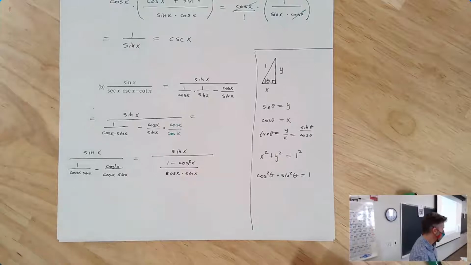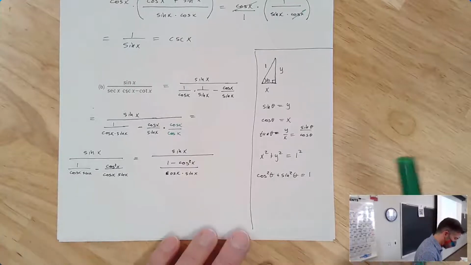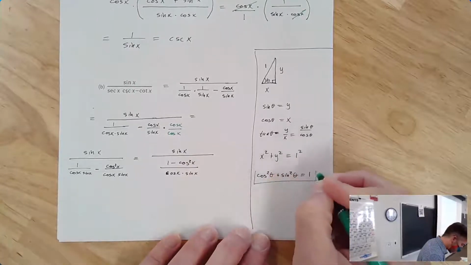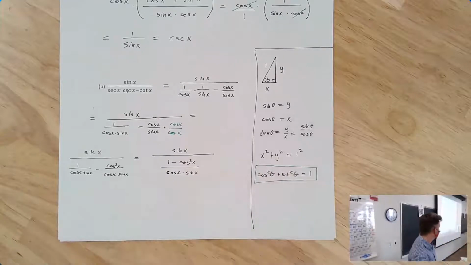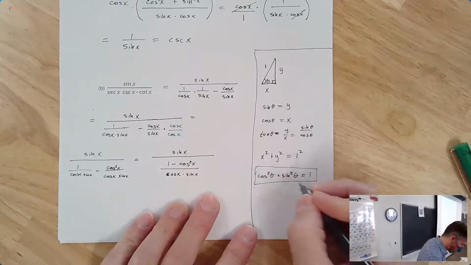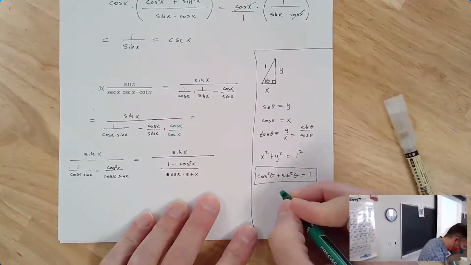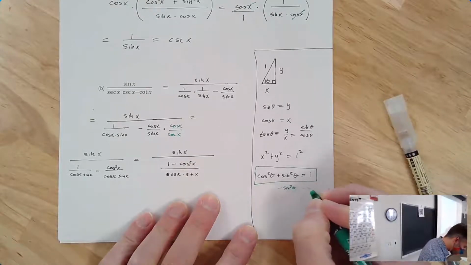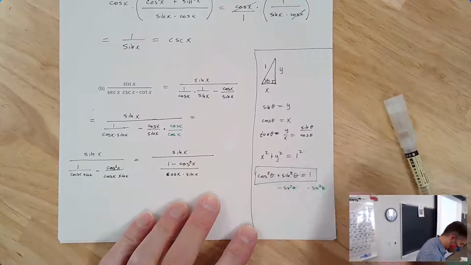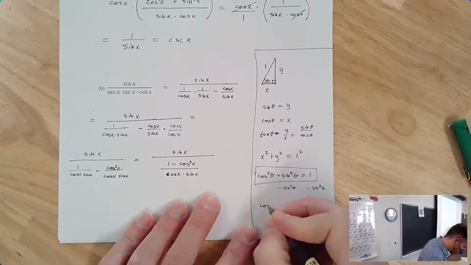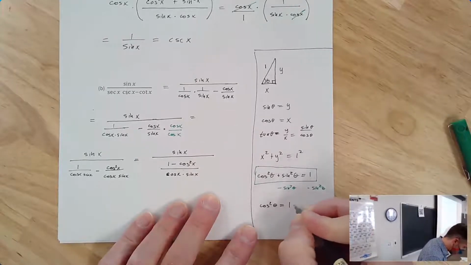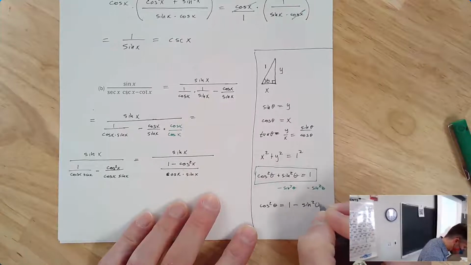So now, what's 1 minus cosine squared of x equal to? Well, we're going to go back to our trig identity here. Cosine squared theta plus sine squared theta equals 1. Then if I subtract sine squared from both sides, I've got that cosine squared theta equals 1 minus sine squared theta.